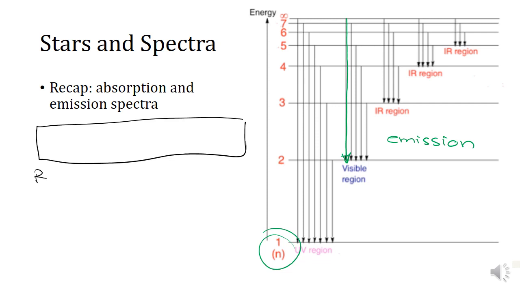So we will see, instead of being a black box with coloured lines, which an emission spectra would be, what NASA sees from stars are what are called absorption spectra. So, excuse me a second.